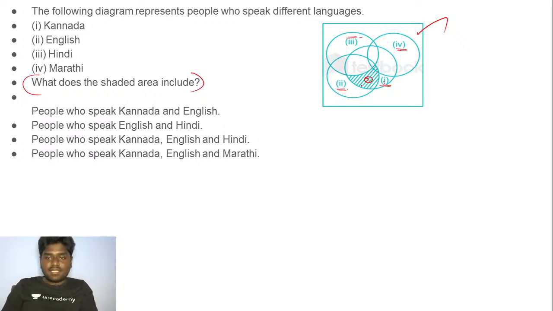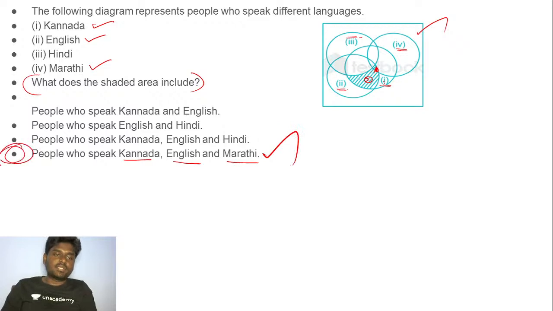You need to find which circles are connected in this shaded part. You can see the shades of one, Kannada. You can see the shades of two, English. You are seeing the shades of four, Marathi, but you are not seeing the shades of three. So the shaded area in this figure includes Kannada, English and Marathi. So the answer is going to be option D.